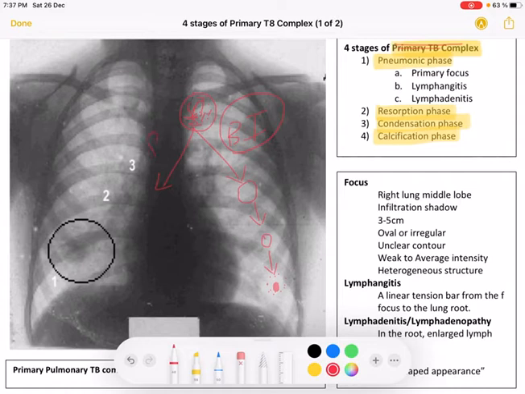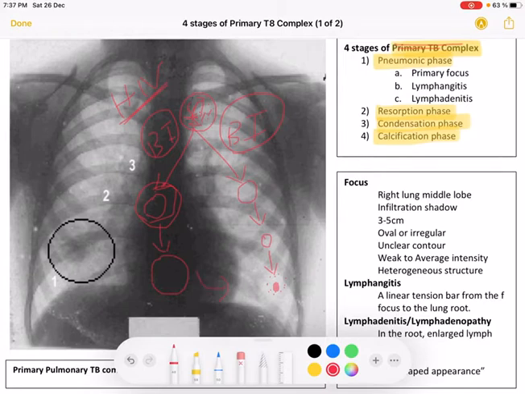If the body immunity is unable to fight against this microorganism, in case of HIV, then what happens? The TB foci start to increase in size, destroy most of the body tissues, lung tissues, and finally they form a cavity.